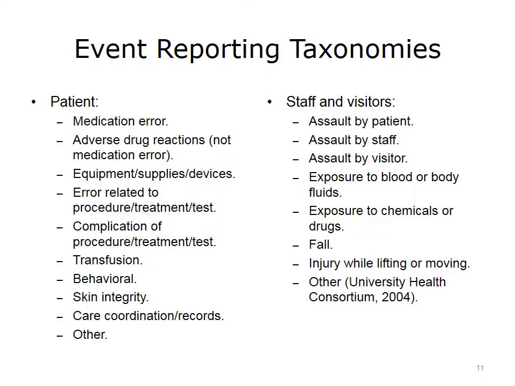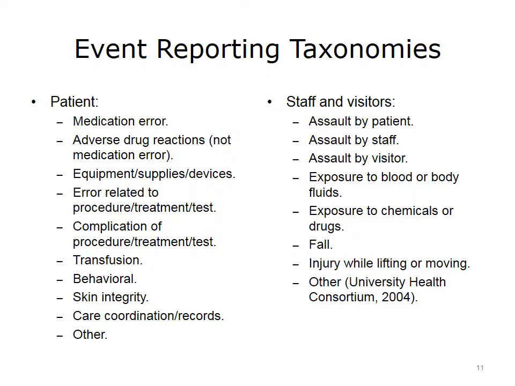There are events that are noted as clear errors, such as medication errors or errors related to a procedure, treatment, or test. But you also see such events as patient falls and skin integrity issues, often due to inadequate risk assessment screening and institution of preventive measures. Event reporting systems also include defects in equipment, supplies, and devices.